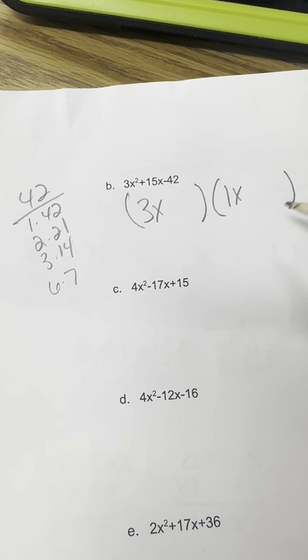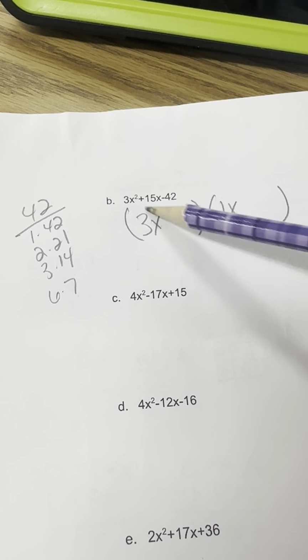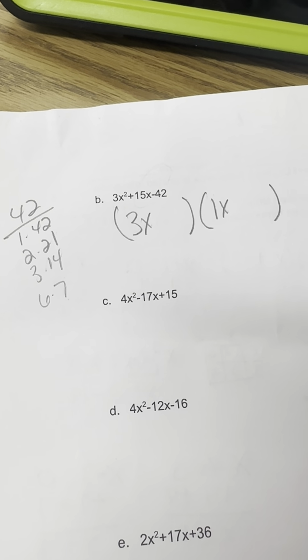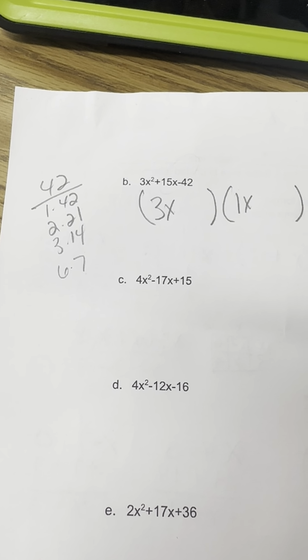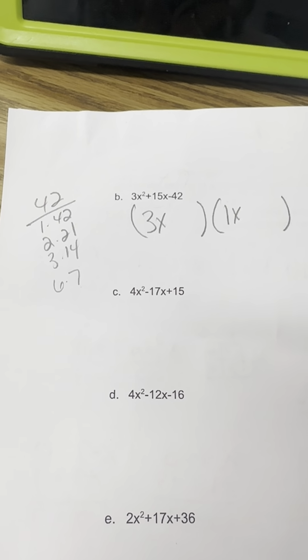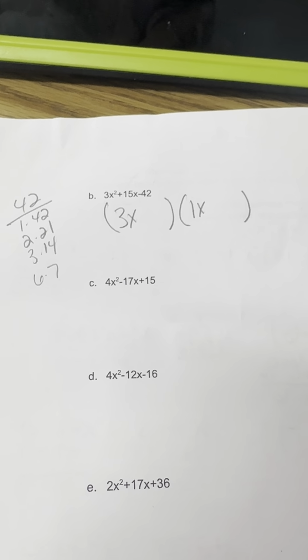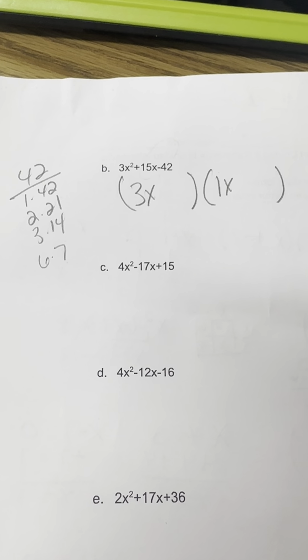I need to figure out which of these numbers working with this 3 will give me a 15 in the middle. So let me see. And I also have a negative here. So one of these needs to be negative and one of these needs to be positive. So I might actually have quite a large, oh, I see it, a large value.